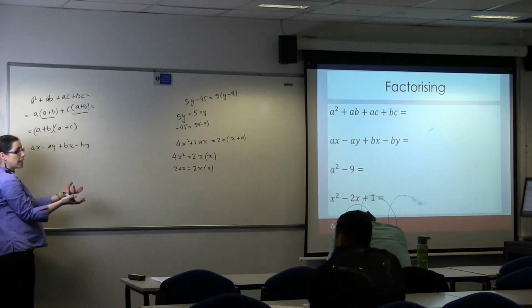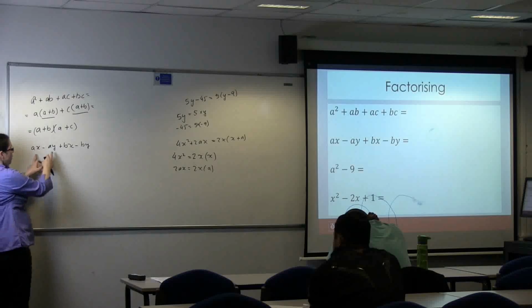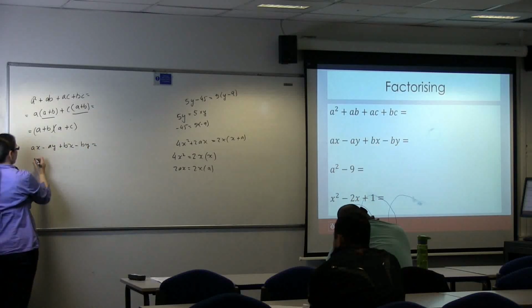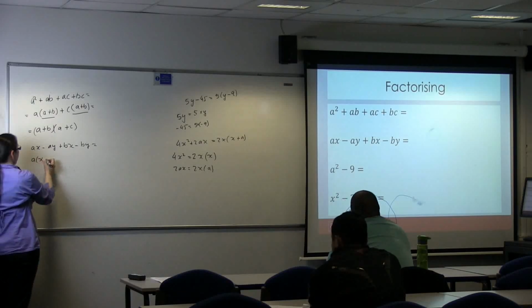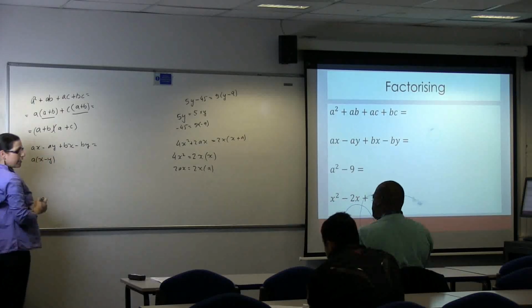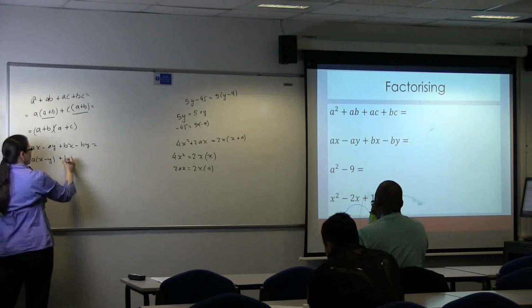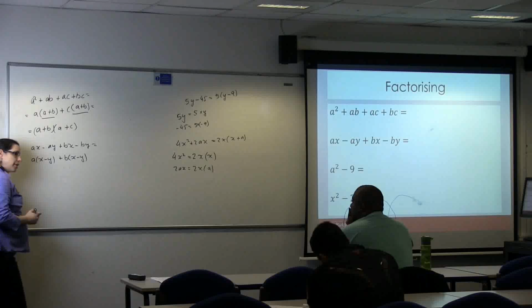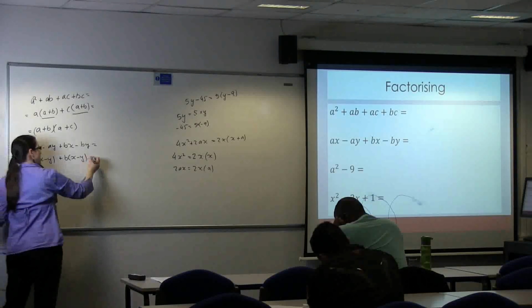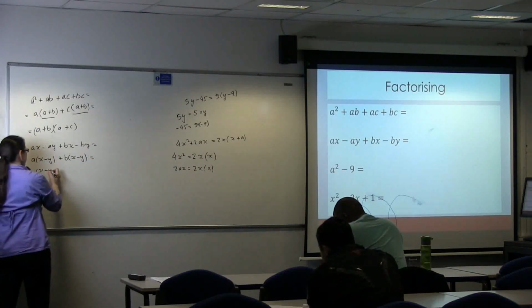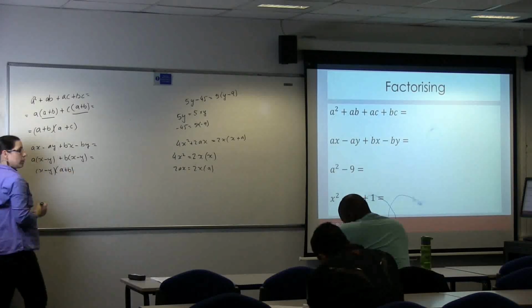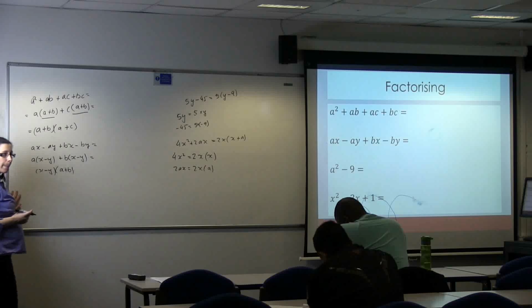The result would be the same. Maybe it's easier to see the a's, so I'm going to factor the a out, so x minus y is left behind, and then I factor the b out, so x minus y is again left behind, and that tells me that the x minus y can be factored out and the a plus b will be left behind.